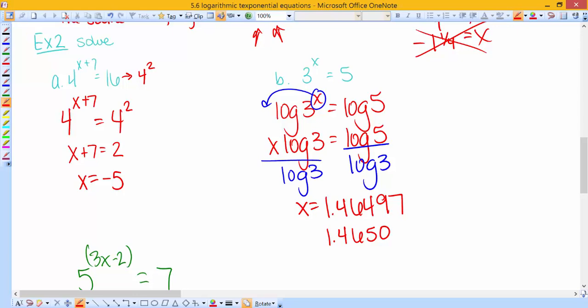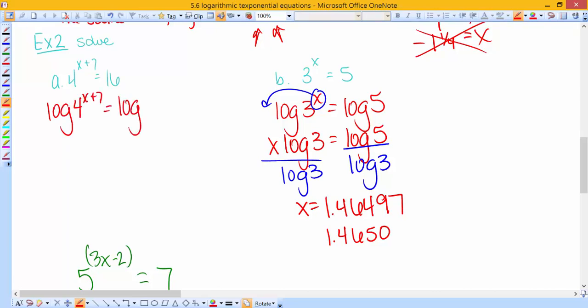So I can use the same process back here in A. Now, is it quicker than what I just showed you in B? No, but you can still go through the same process. So you log both sides, and then you move your exponent to the front using the power property.